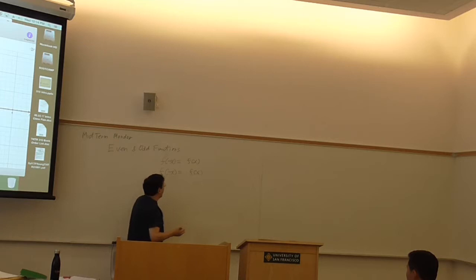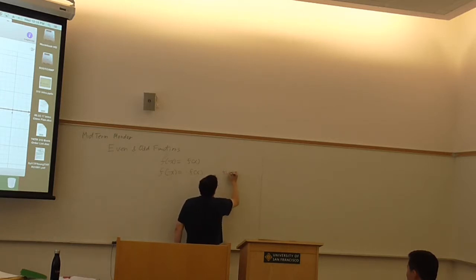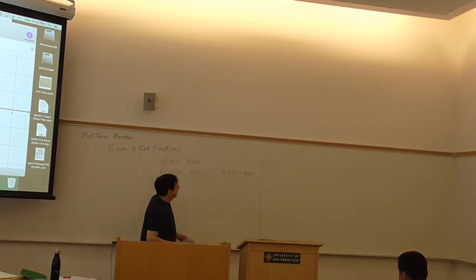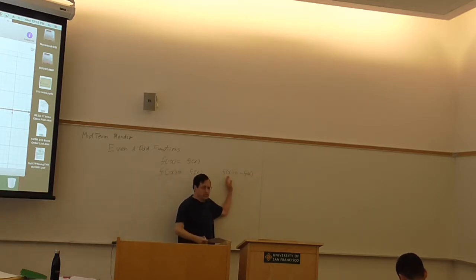So if it's even and odd, f of x would equal minus f of x. So there's some function where for every point f of x is equal to the opposite of itself.